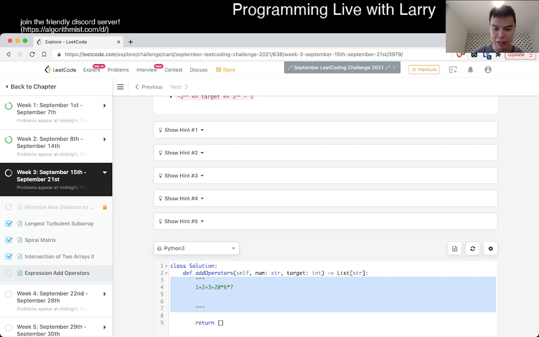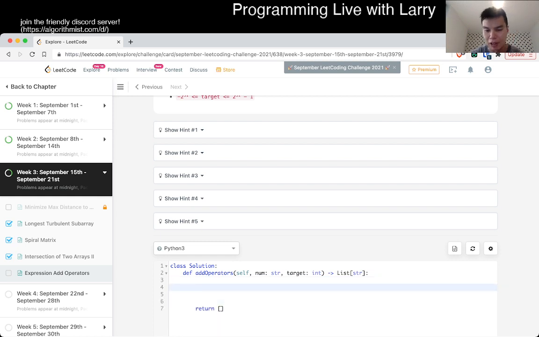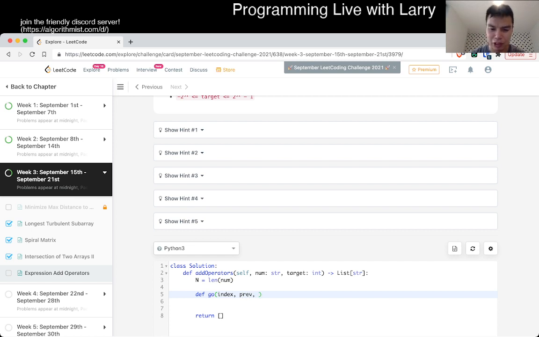So let's get started. I mean, this is going to be brute force, but it may be a little bit messy. So we'll see. I'm just going to go because I don't want to think about it too much. Sorry, it's a bit confusing. But yeah, now this lets us recurse on the index, the last number, and maybe the current total.